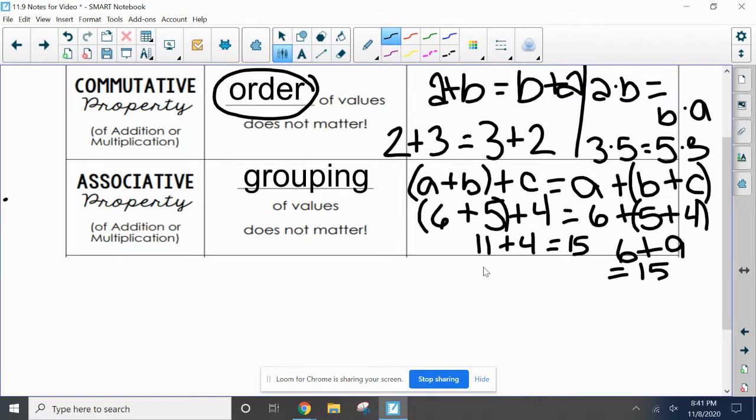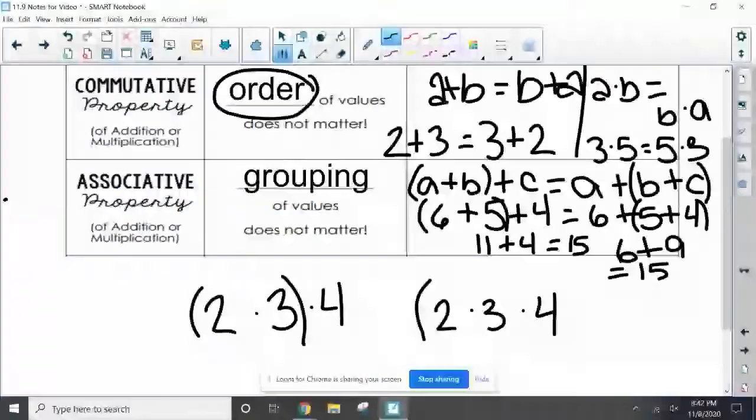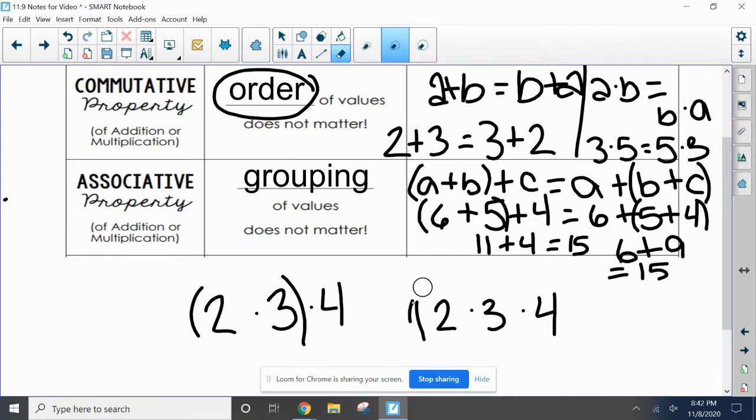It still states that the grouping doesn't matter, so we're going to do the same thing, but with multiplication. So let's say I had 2 times 3 times 4, and 2 times 3 times 4, and I have to write this a little bit bigger because my pen isn't here, but it should all fit in your table.